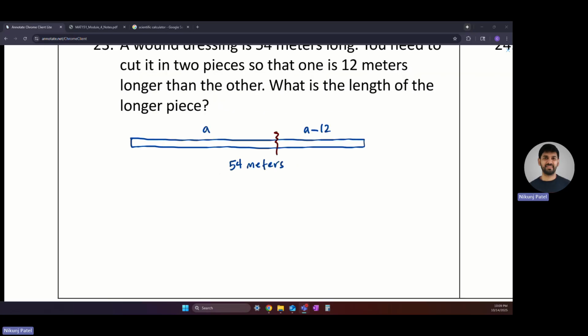So now if we were to think about in total, since it's 54, we know that A, if I were to combine them, A plus A minus 12, right? I'm adding this with this, A plus A minus 12. Well, this is going to be equivalent to 54.